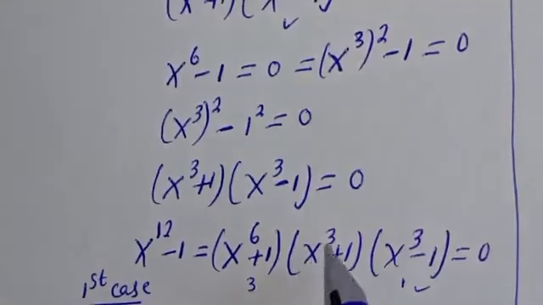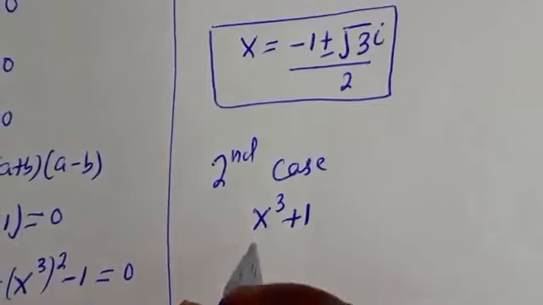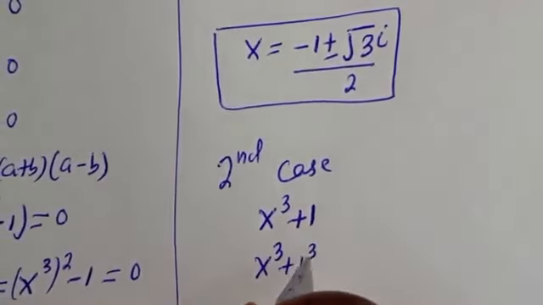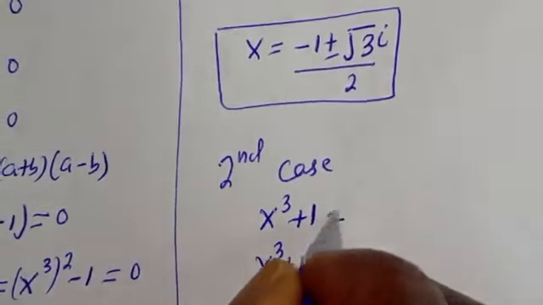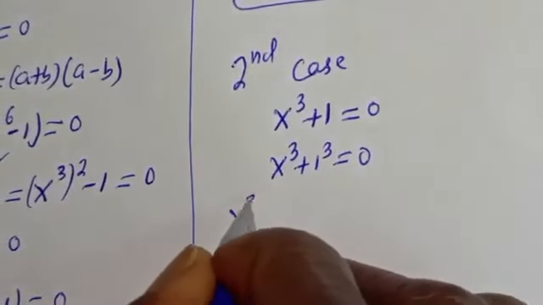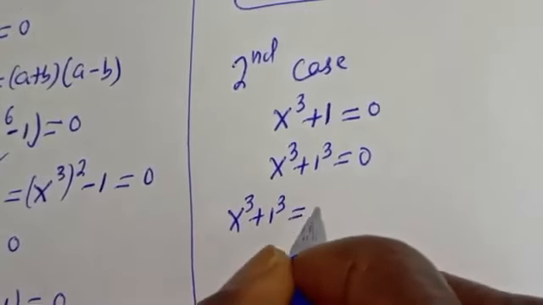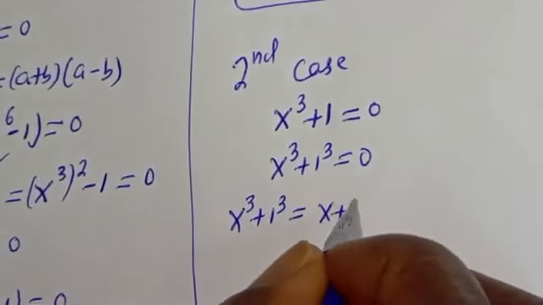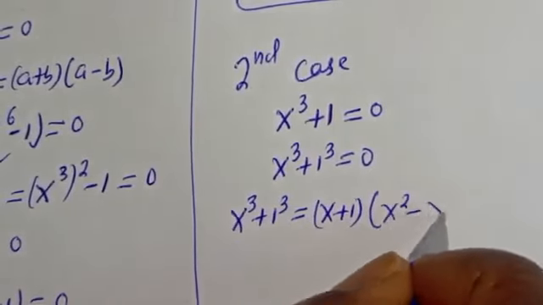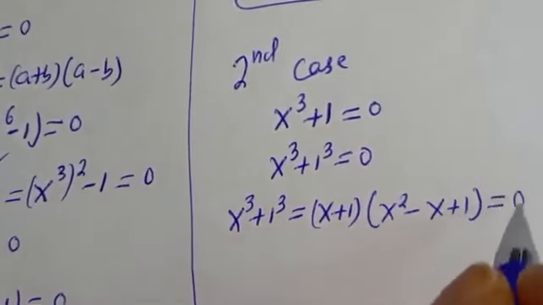From here, s raised to power 3 plus 1. Second case is s raised to power 3 plus 1, and this can be written as s raised to power 3 plus 1 raised to power 3 equal to 0. s raised to power 3 plus 1 raised to power 3 is equal to s plus 1 bracket s squared minus s plus 1 equal to 0.